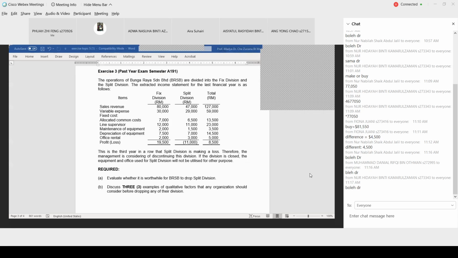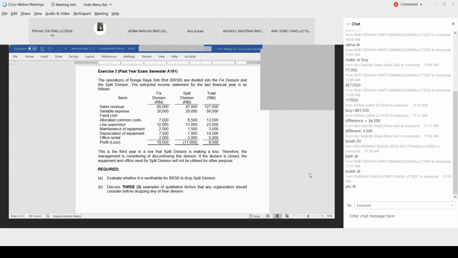Exercise 3 ni what the decision. What decision? Exercise ni kalau you baca, you have to find out what decision that you have made. Decision apa ni? This one is drop or keep, right? Okay, drop or keep. So kita tengok sini soalan dia. Operation of Bunga Raya divided into fixed division, split division. So split division here, inilah, right? Negative. Okay. So making loss. So therefore management considering to discontinuing this division.